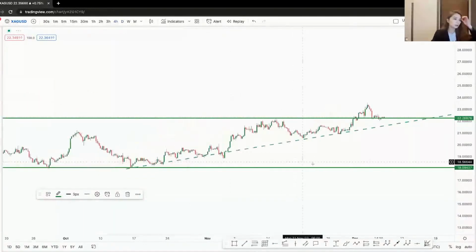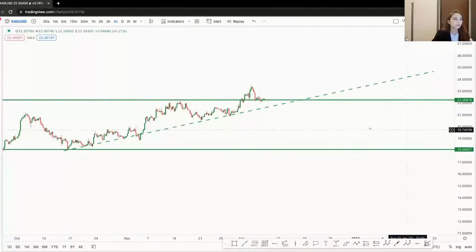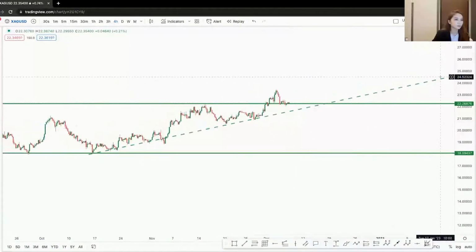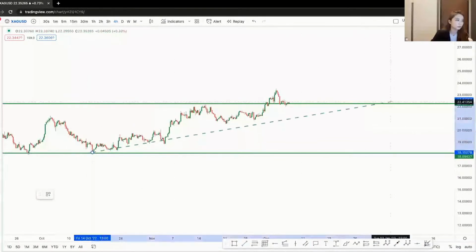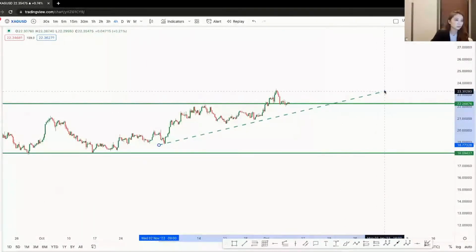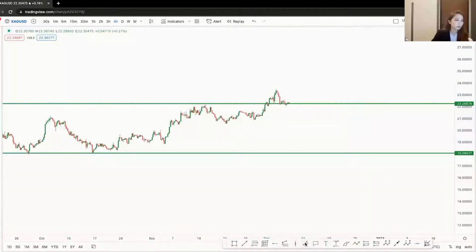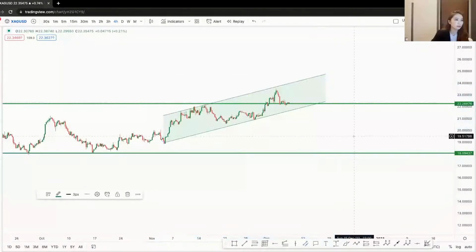Looking at H4. Let me just redraw the trend line. Instead of a trend line on H4, it looks like a channel. Yeah.